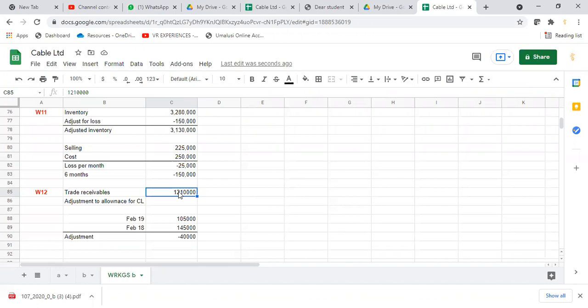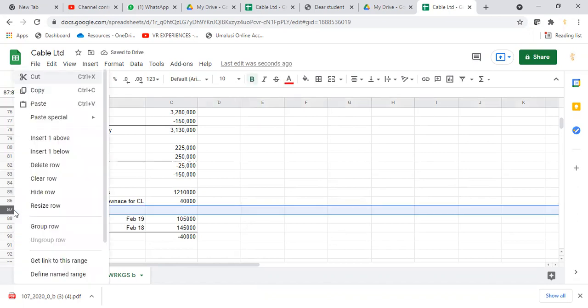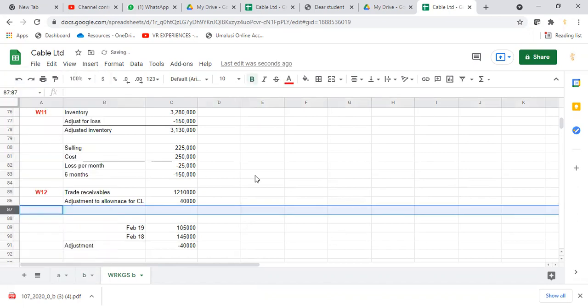So we should have only reduced trade receivables by 105, but we actually reduced it by 145. So therefore, to make the adjustment, we need to add back the 40,000 Rand. Okay, so therefore the adjusted trade receivables would be as follows.